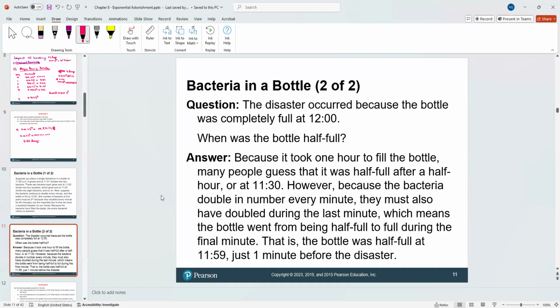They must also have doubled during the last minute. Remember, it doubles in the last minute, which means the bottle went from being half full to full during the final minute. That is, the bottle was half full at 11:59, because it doubles in only 1 minute. So that's something you need to bear in mind.